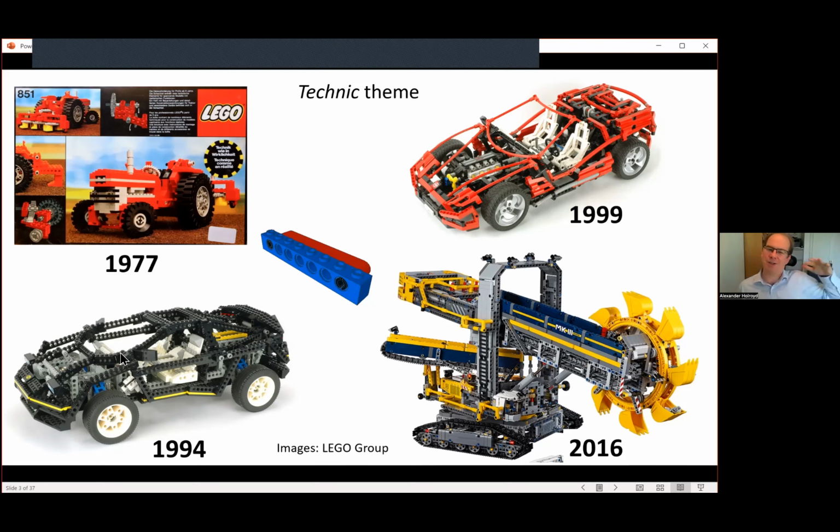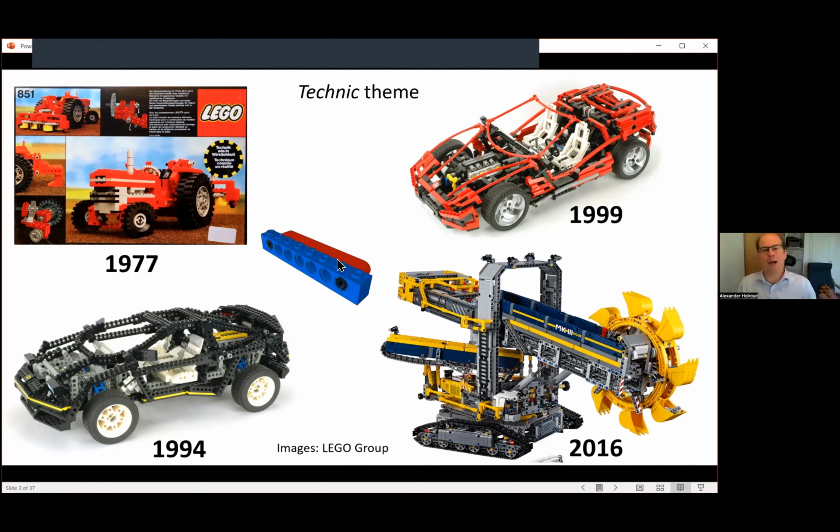They still have the studs on top, and then they decided to get rid of the studs, and this produces far more realistic looking models like this one.